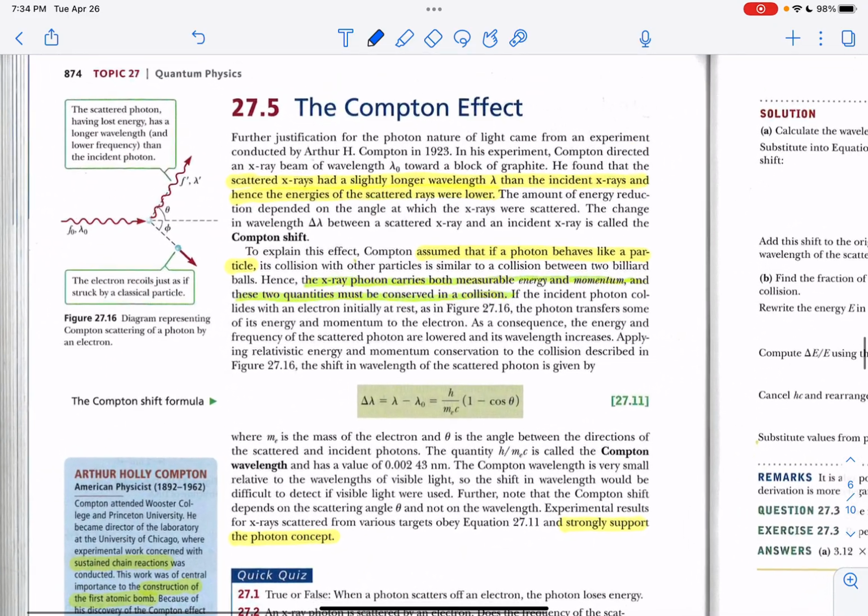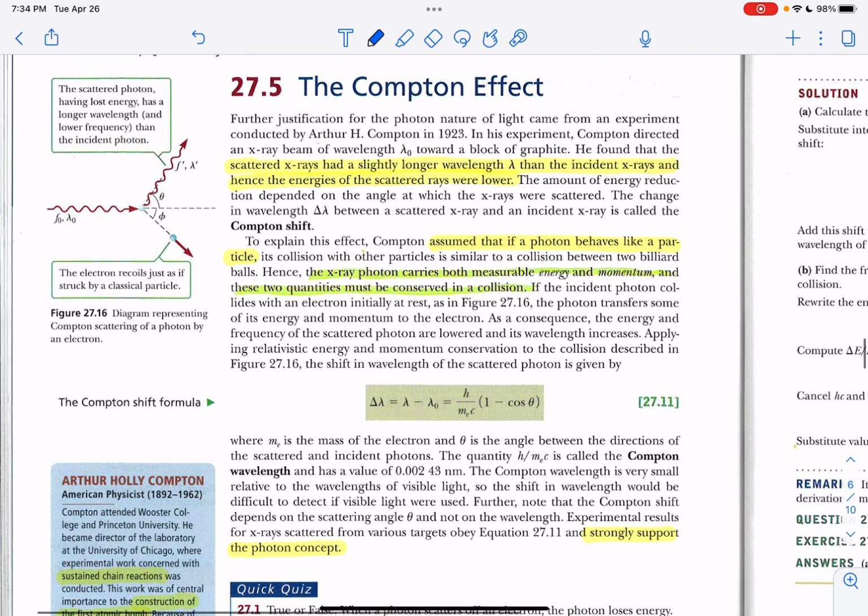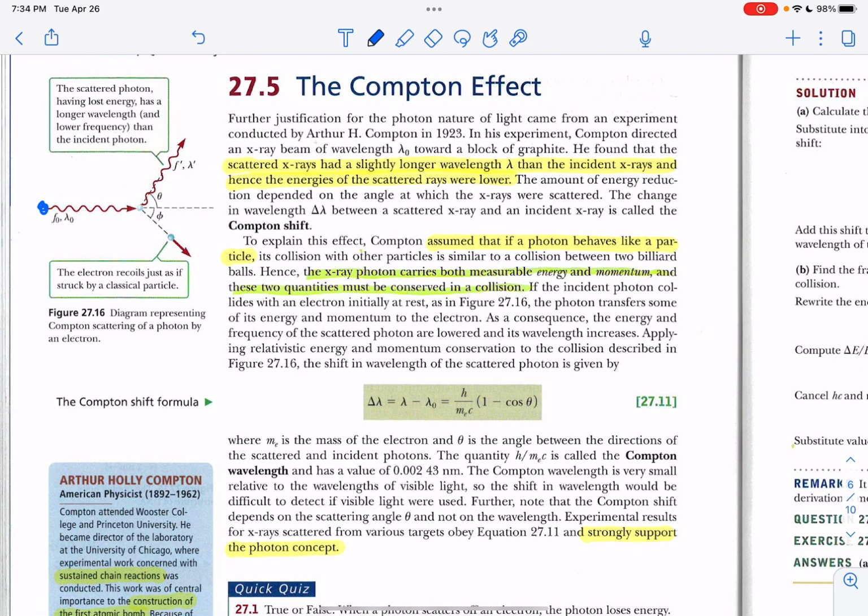Now, just a passing word on the Compton effect. The Compton effect is the observation that when you have a high-energy photon, and I'll make it look like a particle with a blue dot, that strikes an electron, and so I'm going to change my mind.